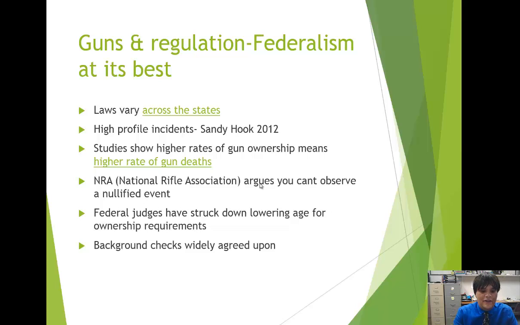And the NRA will often point at statistics such as Chicago, where gun ownership is outlawed, but Chicago continues to have the highest rate of gun deaths. And so that's an argument that's often made in favor of the NRA, or of pro-gun people as well.